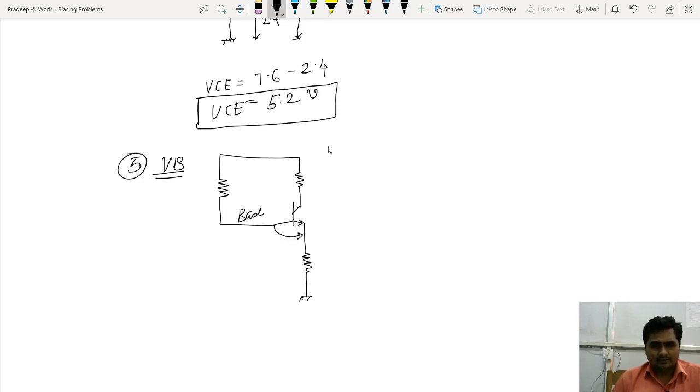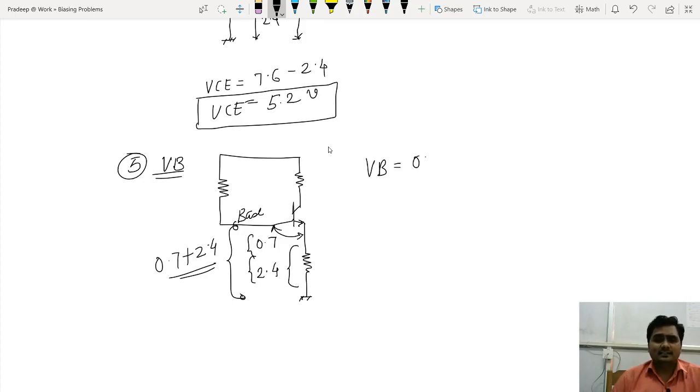This voltage is given, it is 0.7. This voltage is given, that is 2.4. Now what is the base voltage? It is obviously this voltage plus this voltage. Base voltage means base to the ground, so it is 0.7 plus 2.4. There is no need to analyze anything. So VB equals 0.7 plus 2.4, which equals 3.1 volt. And that's what VB is.